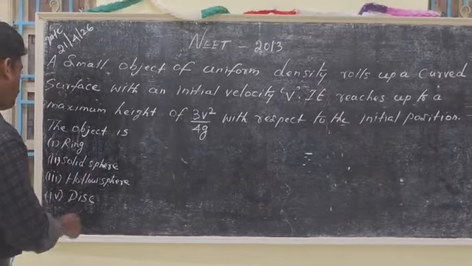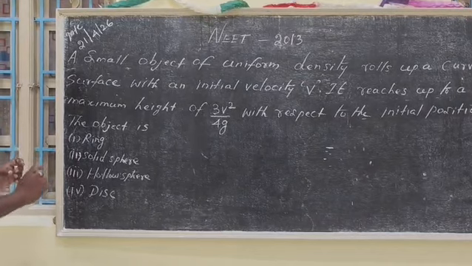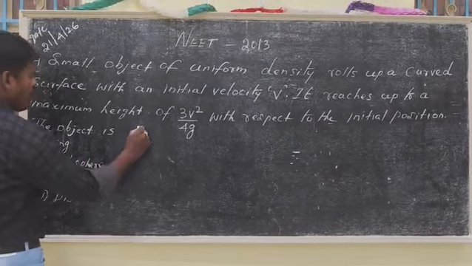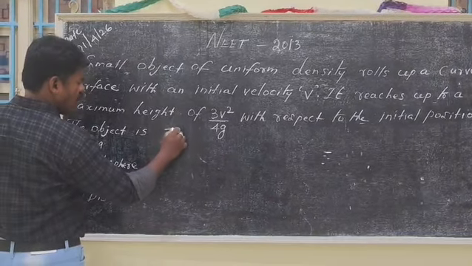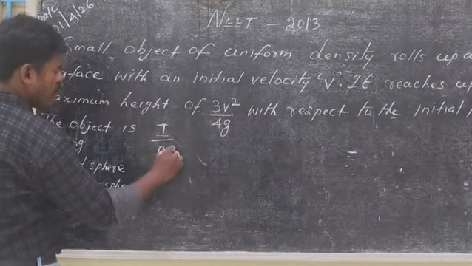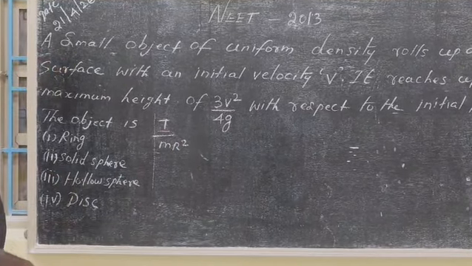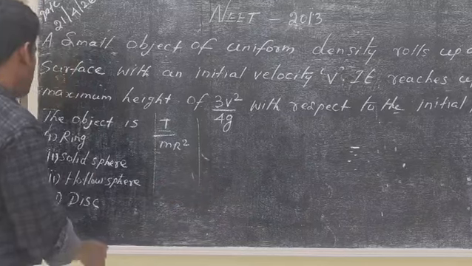The quantity is I divided by m r square. What is the meaning of this?